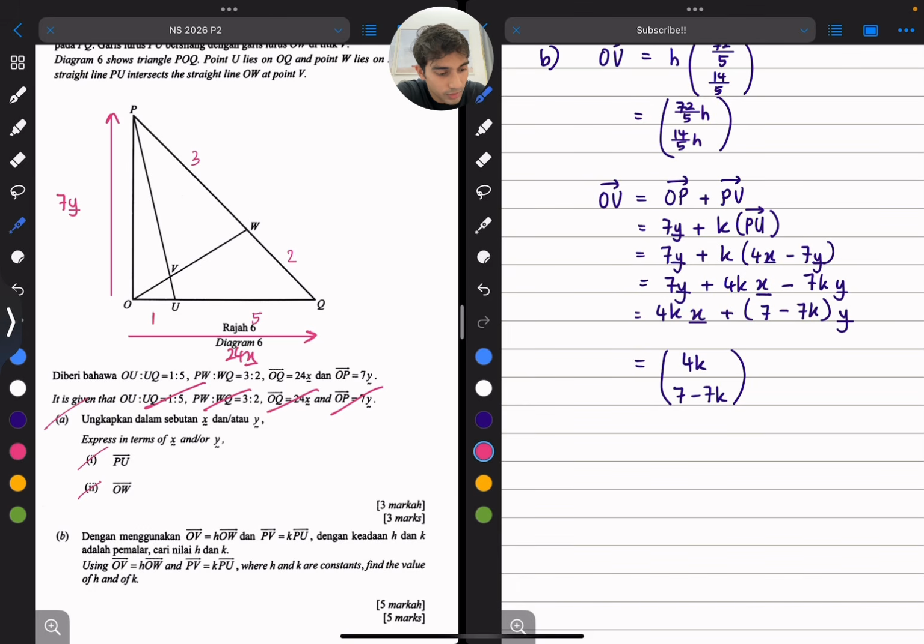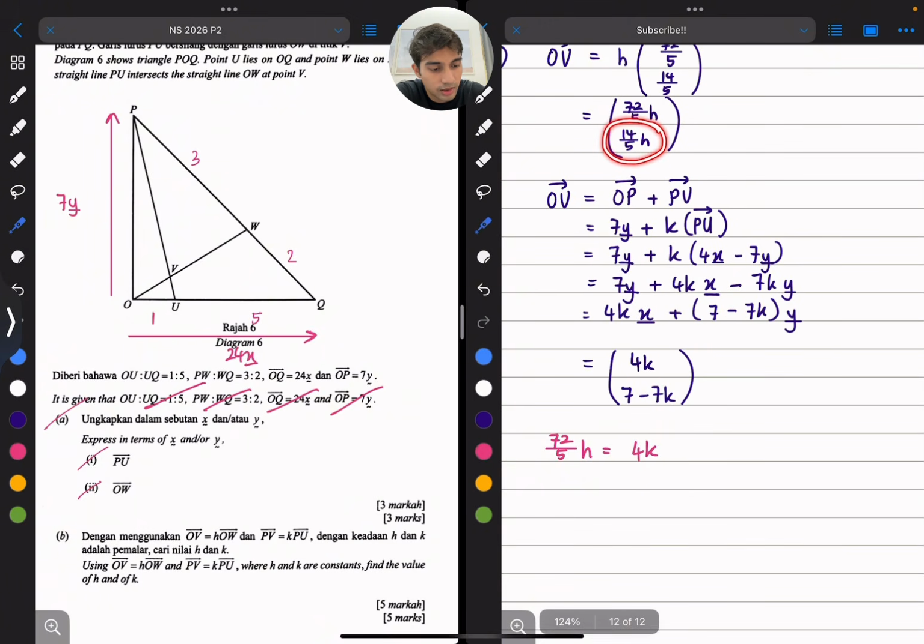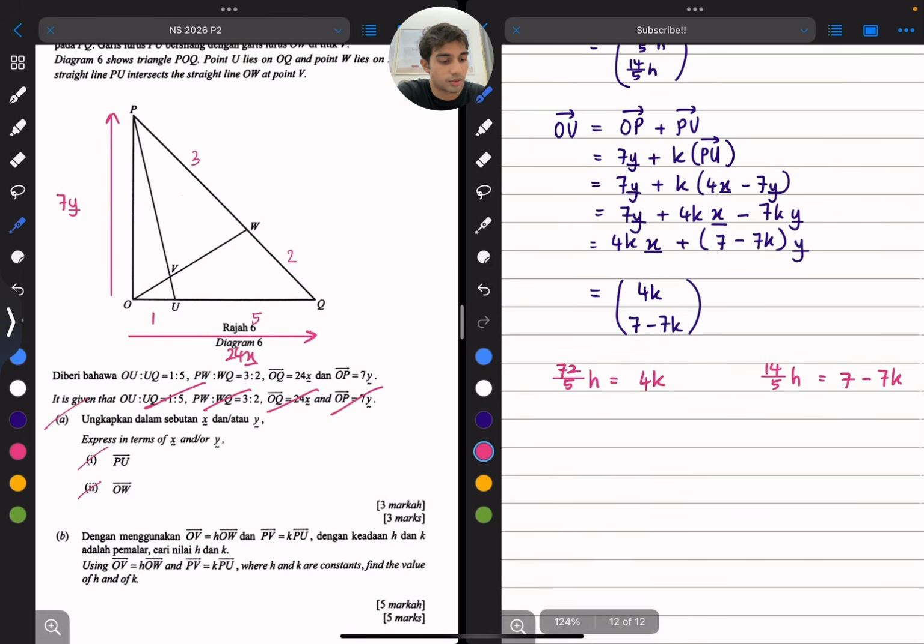So 72 over 5h equals 4k, and this equals this. So 14 over 5h equals 7 minus 7k. Then here we have to solve simultaneously. Okay, so let's try to make k the subject here. So we bring 4 over to this side.